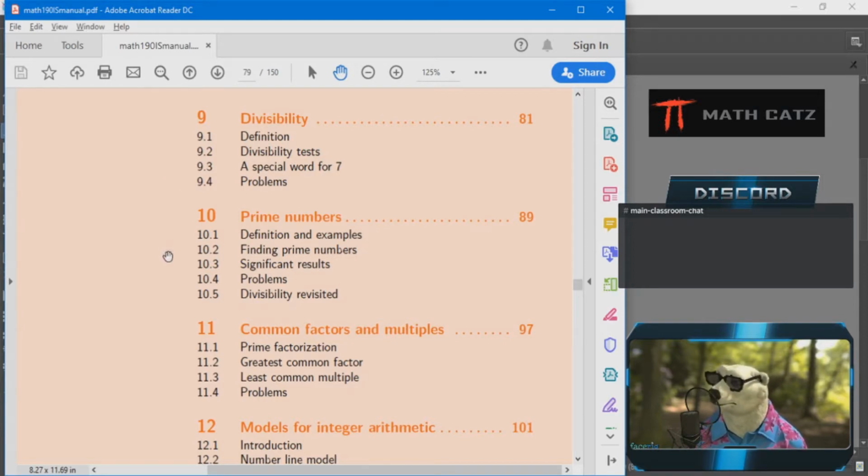Then, when it comes to prime numbers, we don't necessarily have to know, especially in the significant results, that there are infinitely many prime numbers and so on. There's some discussion there.